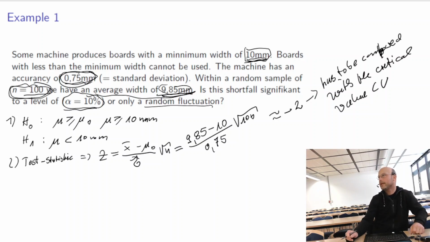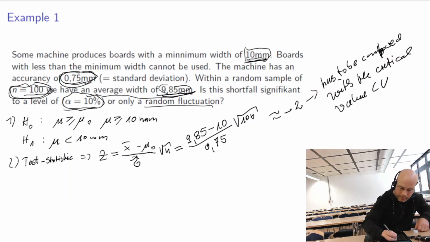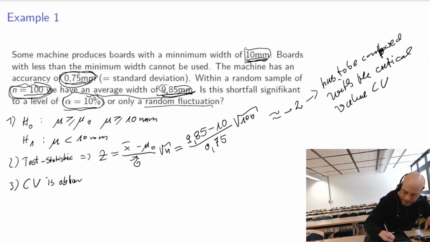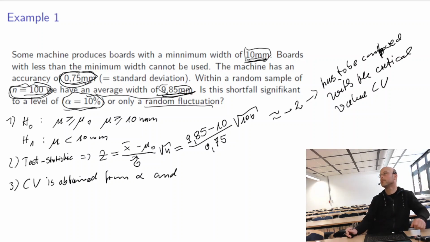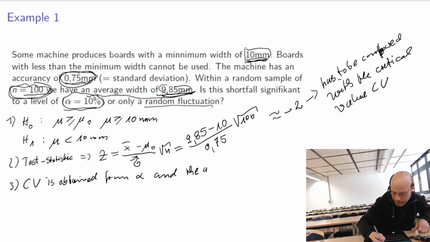And here I have alpha is 10%. So third, the critical value is obtained from alpha, and please do not forget this, the assumption on the distribution.